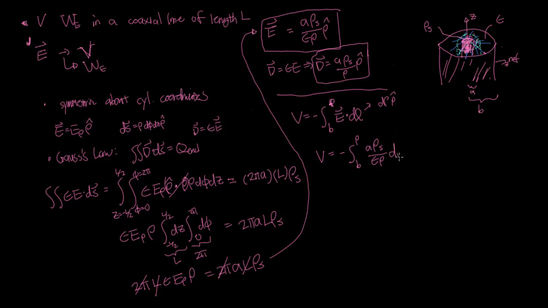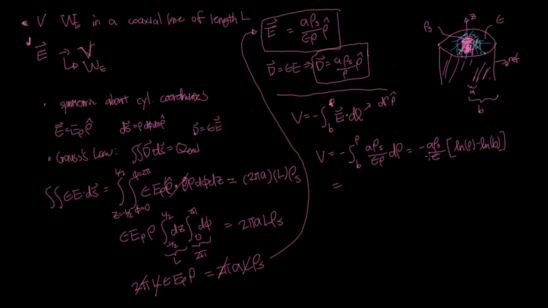So then we just have our d rho here, which will allow us to pull out the constants. So minus a rho s over epsilon. And remember the integral of 1 over rho is simply ln of rho. So this is going to be ln of rho minus ln of b.